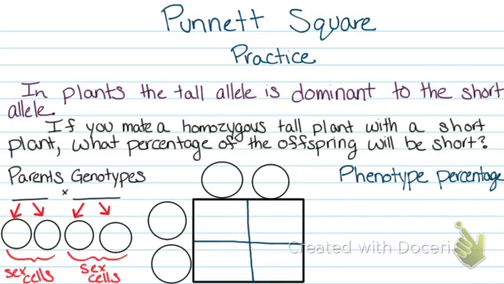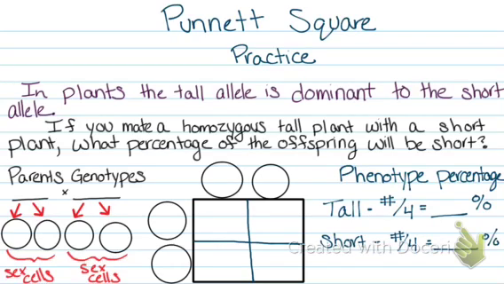In this example, the two possible phenotypes are tall or short. So you'll list both tall and short, and you'll figure out how many boxes, how many of the offspring out of the 4 possible ones are tall, and what percentage is that? How many out of the 4 are short, and what percentage is that?